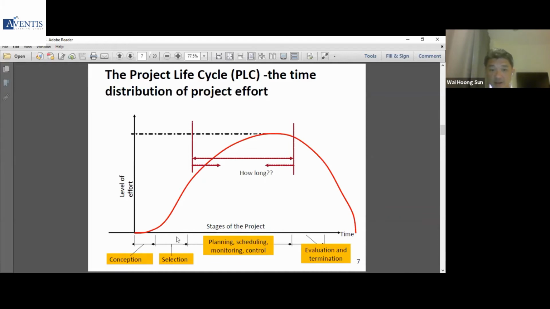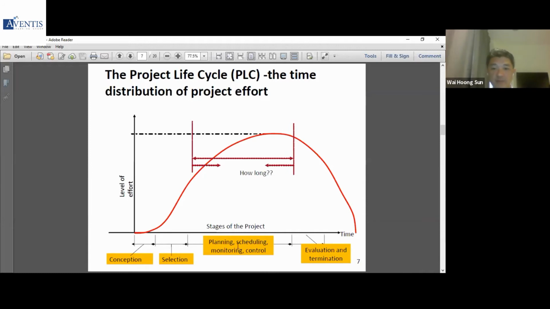And you have the second phase where you select from different alternatives or different options that you have, and from there you can select the best option and run that plan. And the third phase would be to basically implement the project.